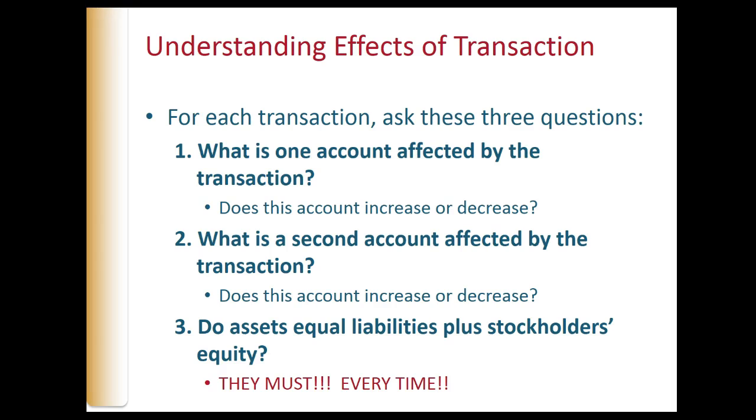So after you note these effects, you're going to say, do assets still equal liabilities plus stockholders' equity? And guess what? They have to, every single time. At least two accounts are always going to be affected by every transaction or economic event that takes place. Now, while some economic events are going to affect more than two accounts, most events may only affect two accounts.